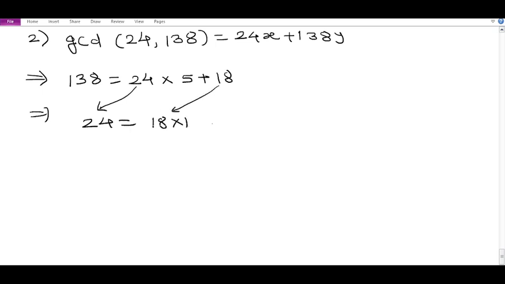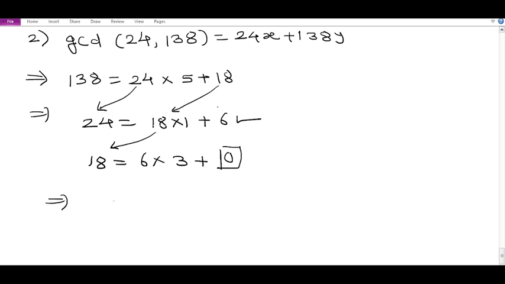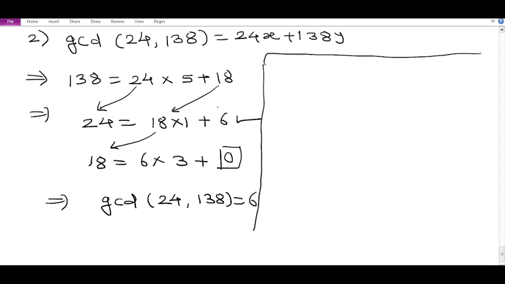The quotient will be 1, remainder will be 6, and now next time divide this 18 by 6, so the remainder will be 0. So the GCD, the last non-zero remainder, is 6, and therefore GCD of 24 and 138 is equal to 6.